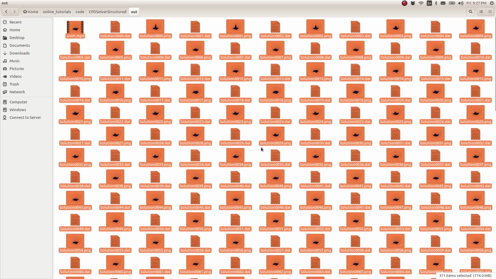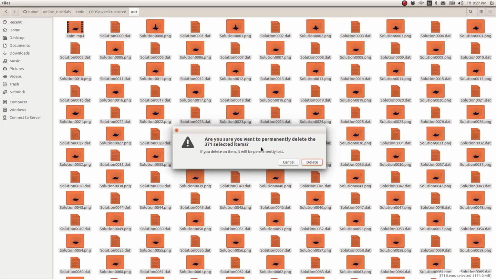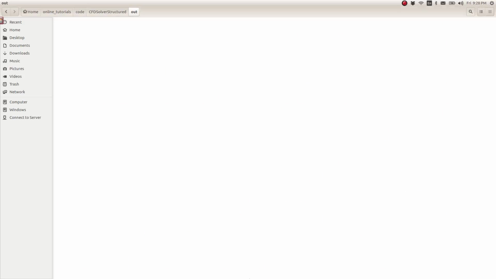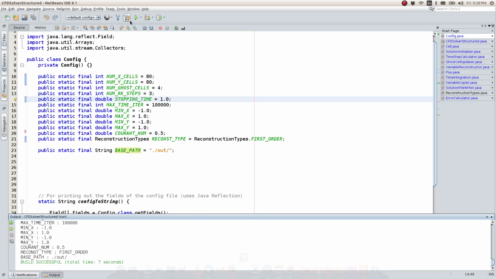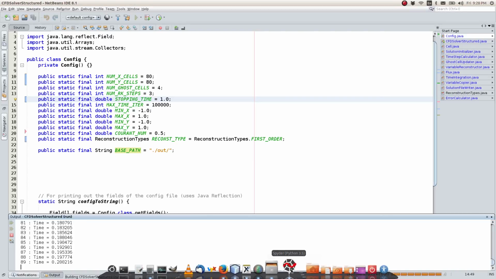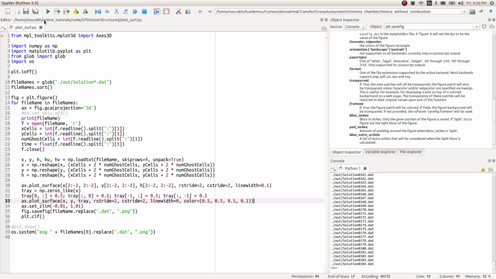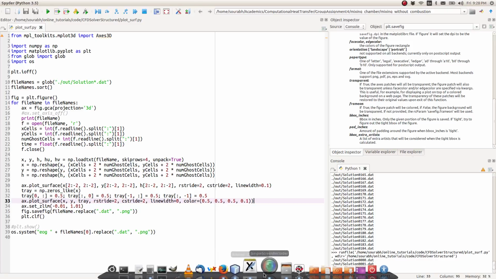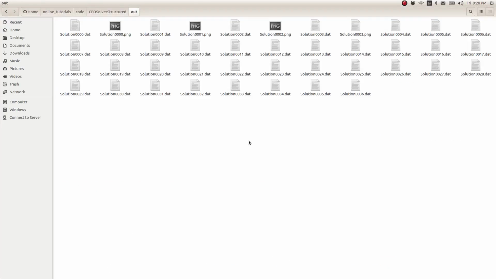So Control A, Shift delete, and I will run the code all over again. Once we have the result, I will see whether we are getting correct results or not.